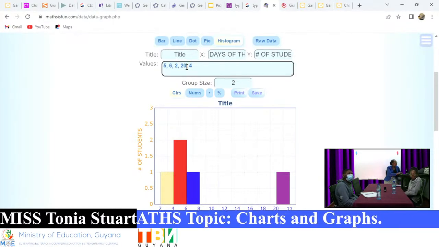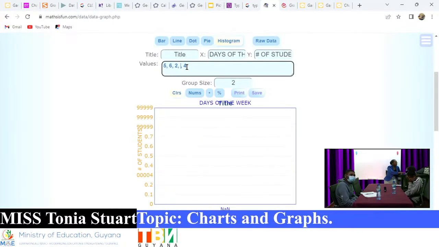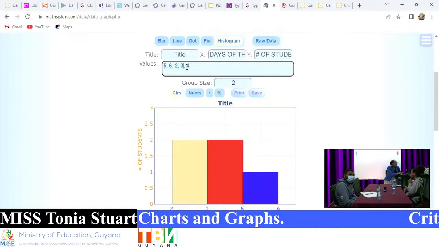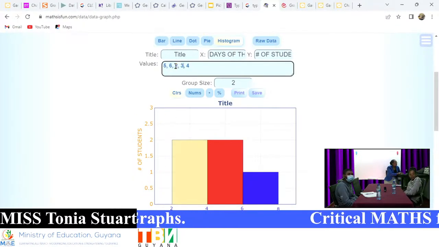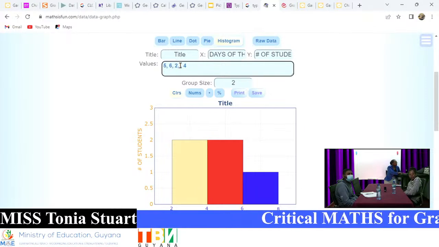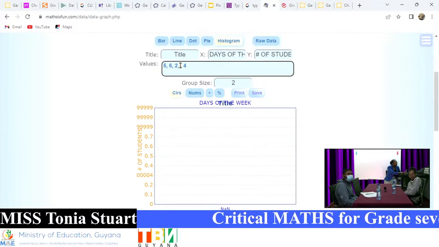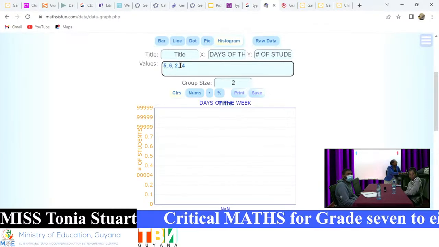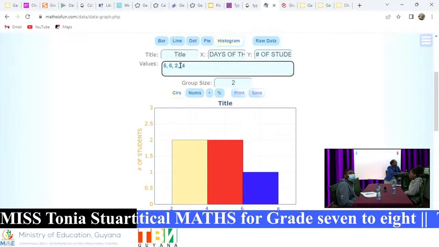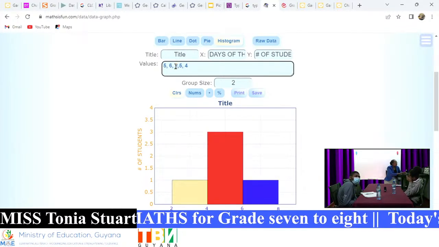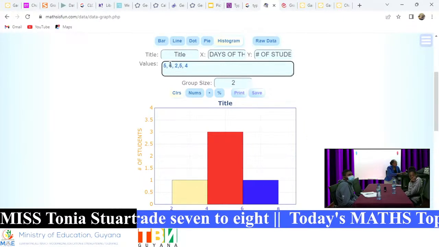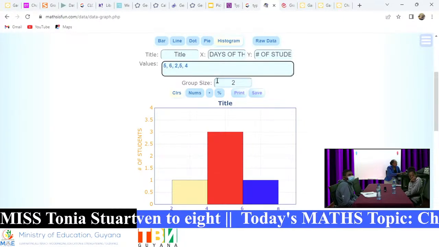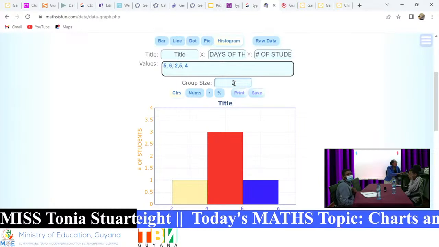Let me change back these figures that I have here. All right. So what could you tell me about the histogram?